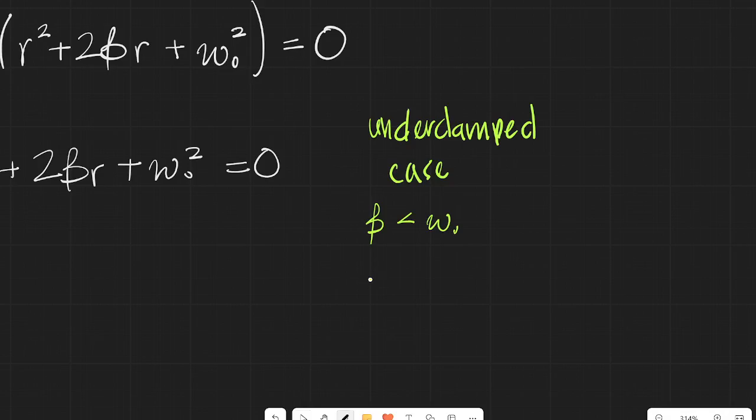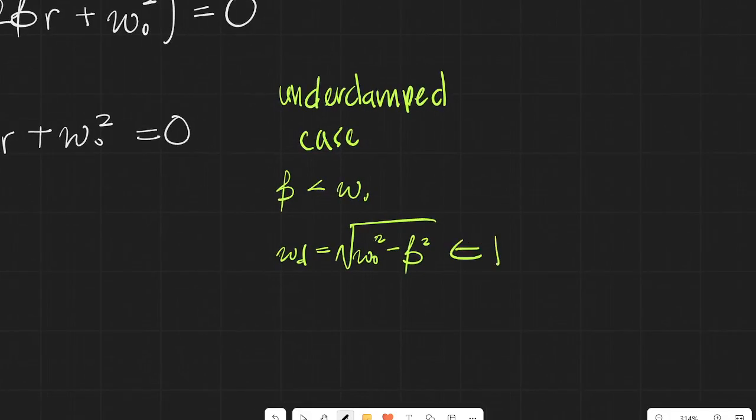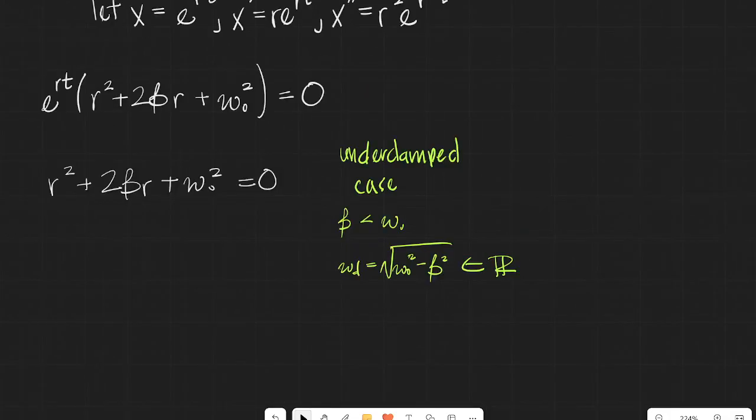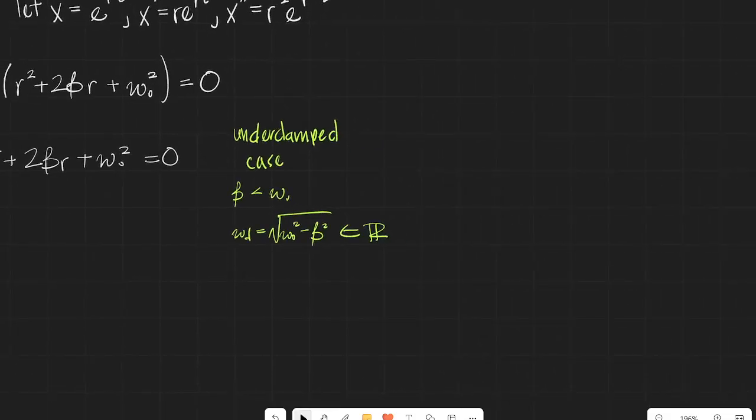This relationship basically comes from the idea that the damped frequency is equal to the square root of the difference of squares between these two, and we end up getting a real number, which is what tells us that we are underdamped.